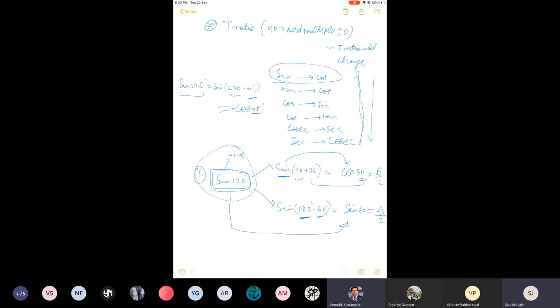Above the ratios, what you wrote. This thing? I started the rule from here. T ratio, 90 into even multiple, tan 270 plus theta. Wait a minute. This thing.